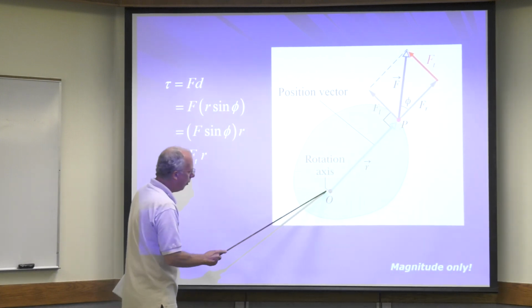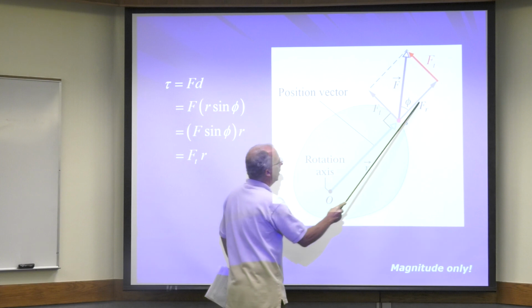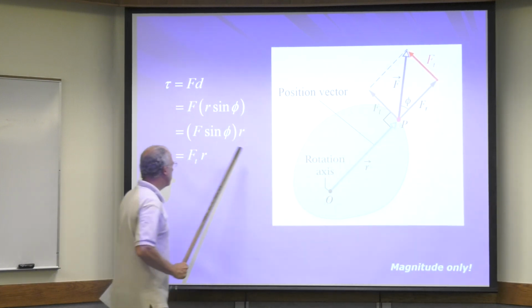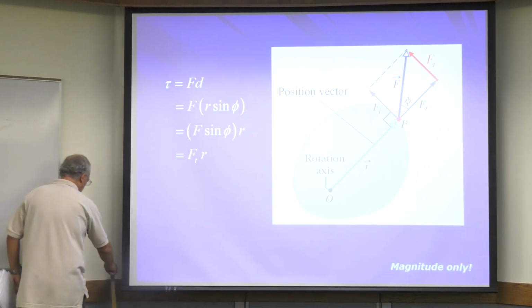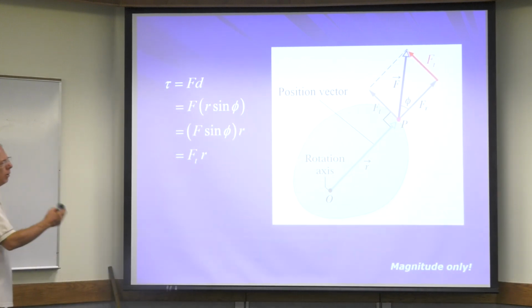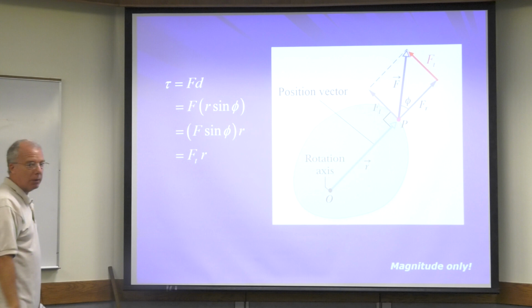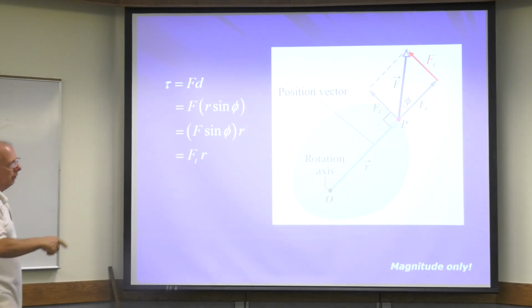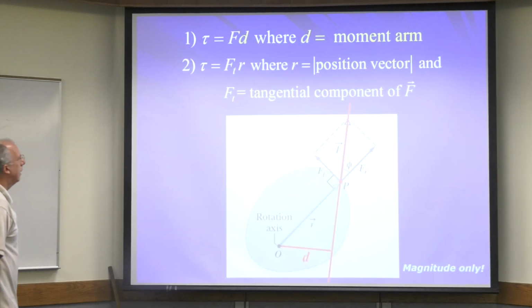No. How could it? There's no moment arm. What's going to rotate it is this one. So that's just another nice equation for the torque. We use the other one more than this, but sometimes we use this. That's nice because it points out that the tangential force rotates the thing, not the radial force.